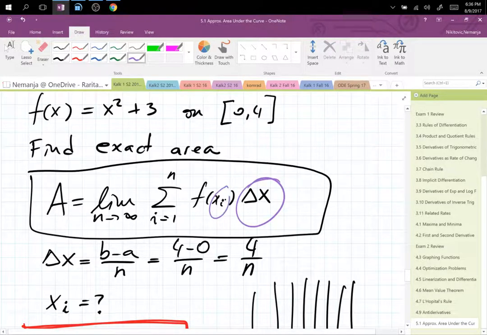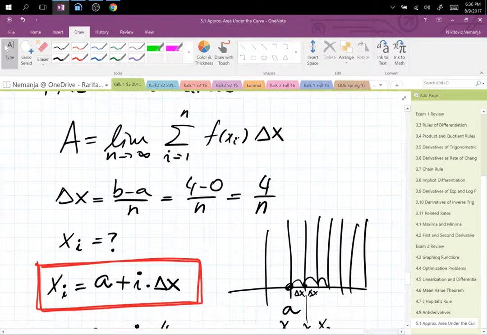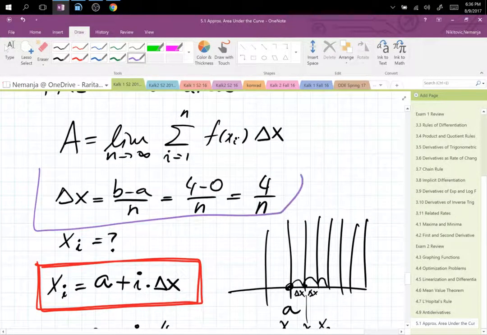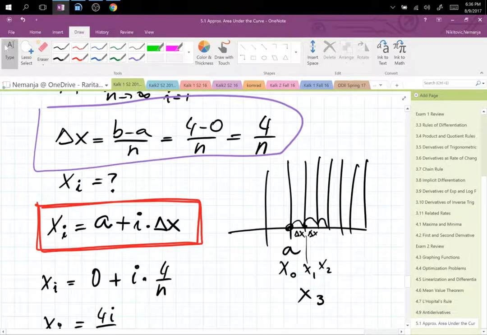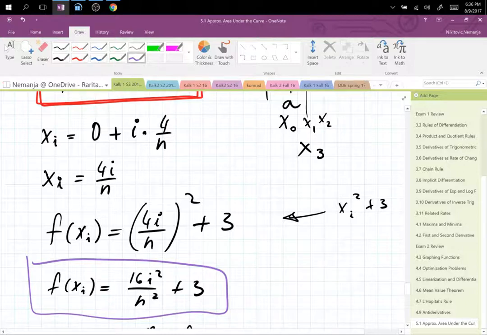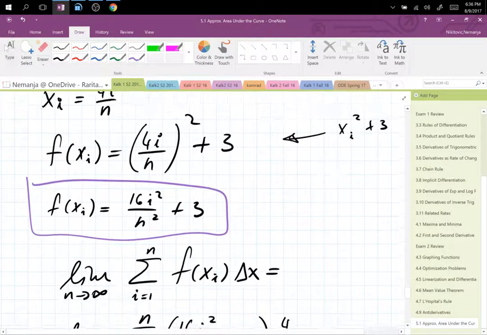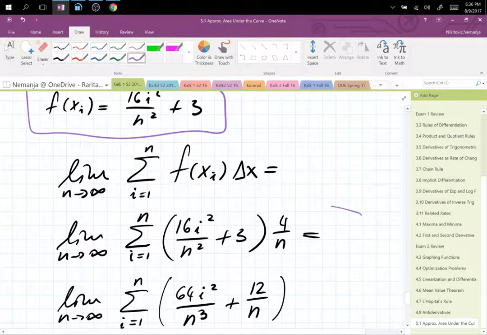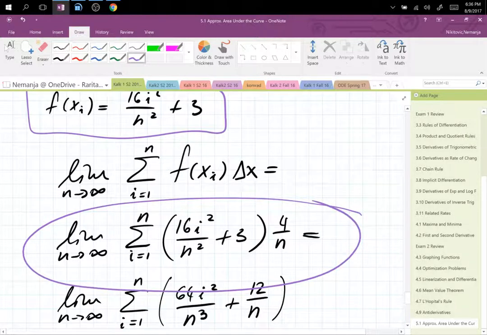I can get that, I can get that, therefore I can get that. We plug all of those in. So here is me getting dx, here is me getting xi, here is me getting f of xi, right? So all of these features, and then finally here it is all plugged into the formula.